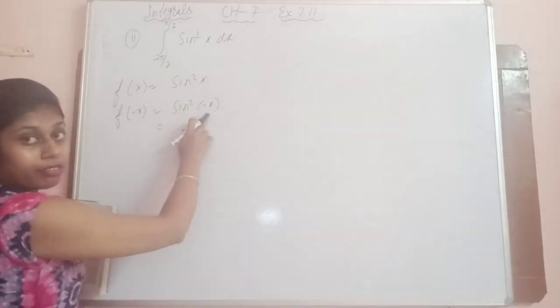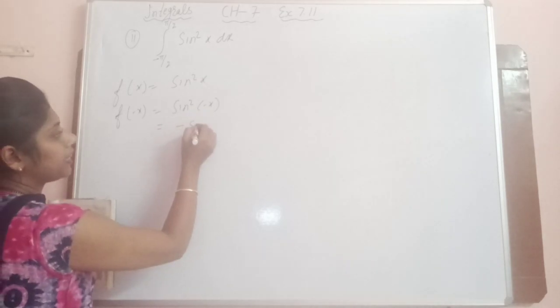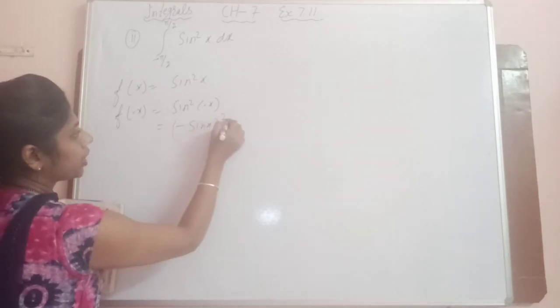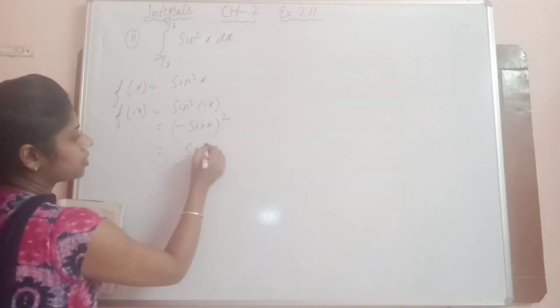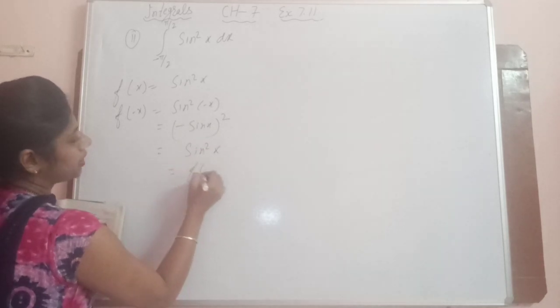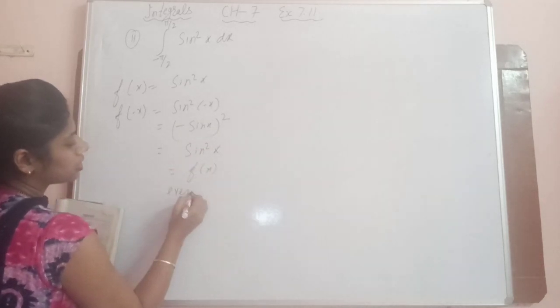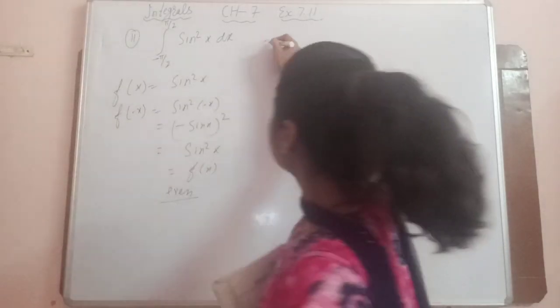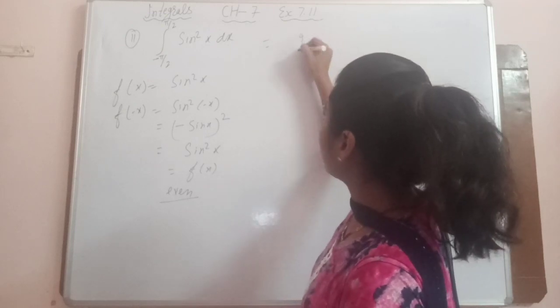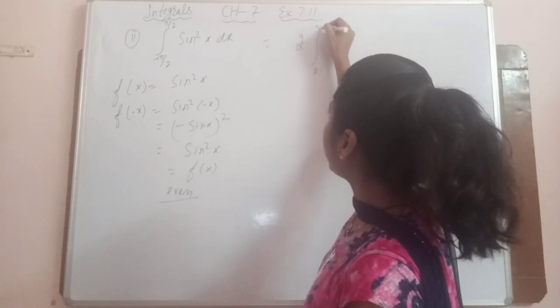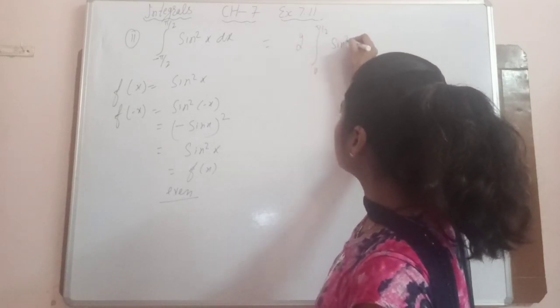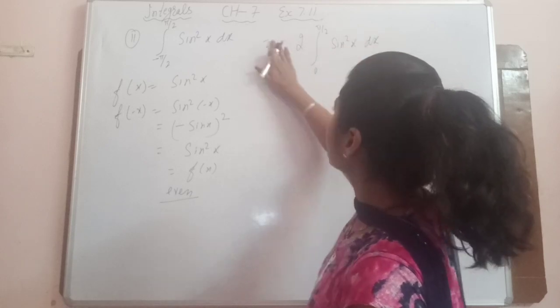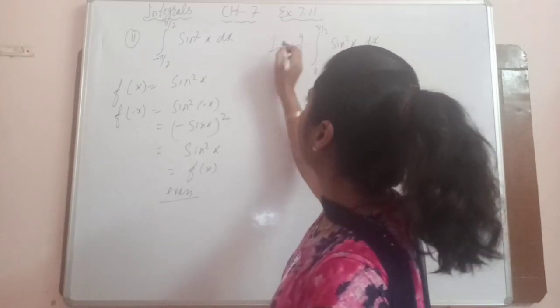Sin of minus x is minus sin x, but there is a square, so it will become sin square x. This means it is an even function. If it is an even function, the integral will become double of 0 to pi by 2 sin square x. Clear? So this is your integral.